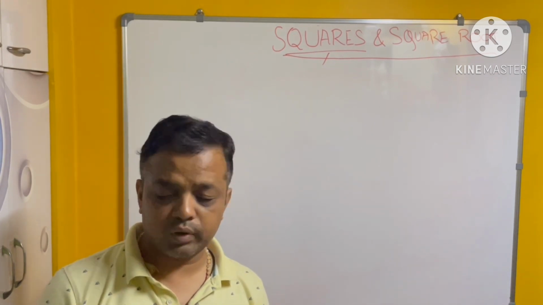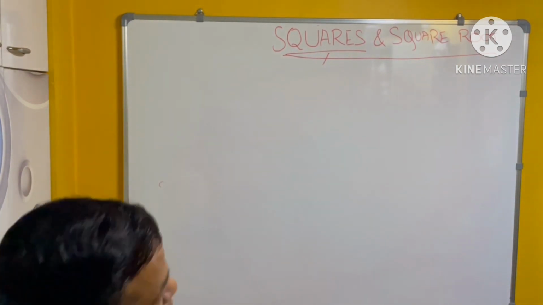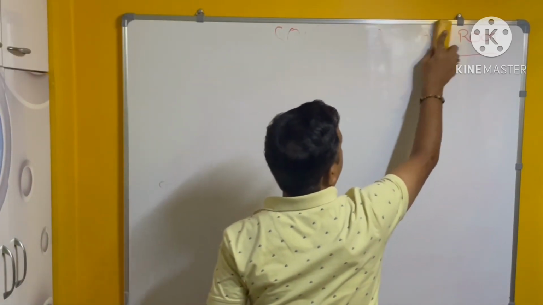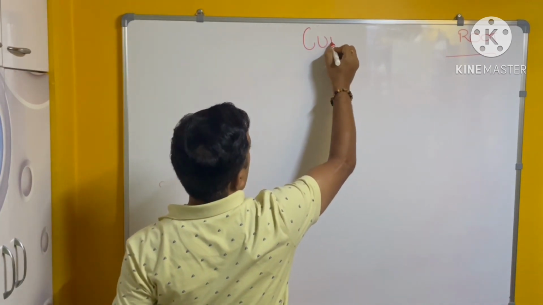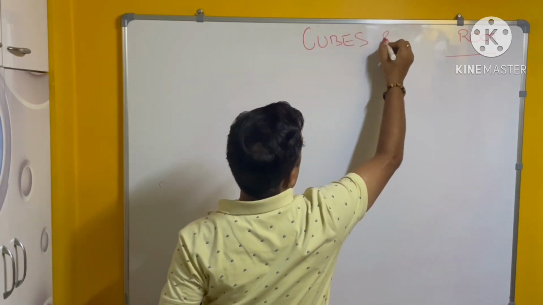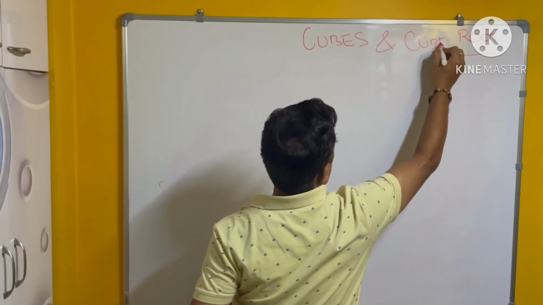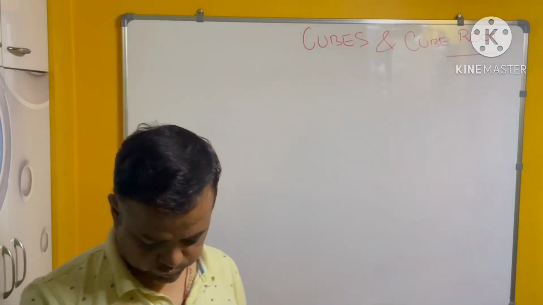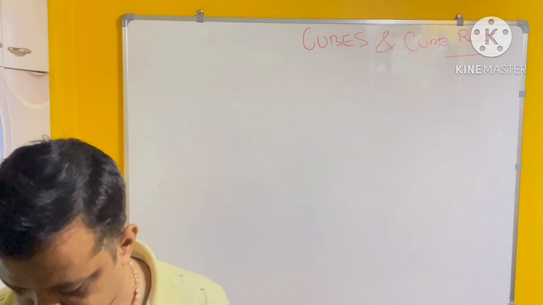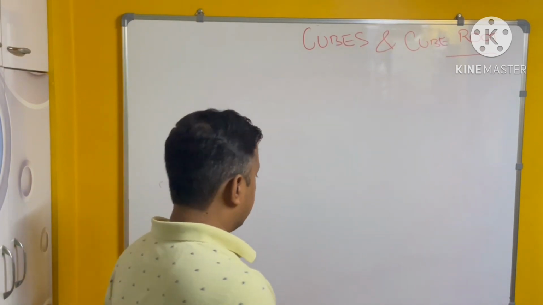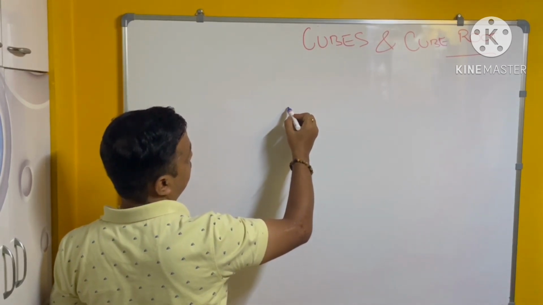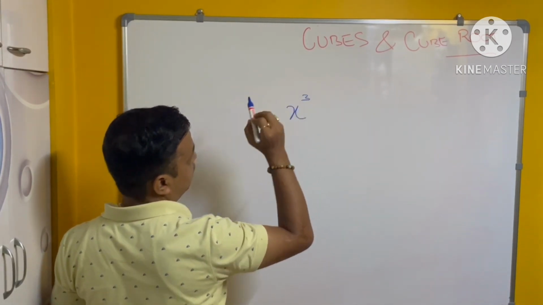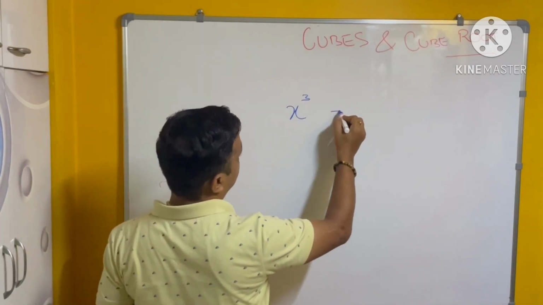Okay, now let's move to cubes and cube roots. Complete the exercise of it fully. So, what is a cube? A cube is something raised to power 3. What does it mean?